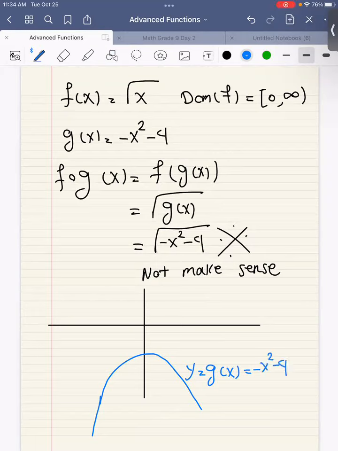So it's always less than negative 4, and you cannot apply square root to this function.